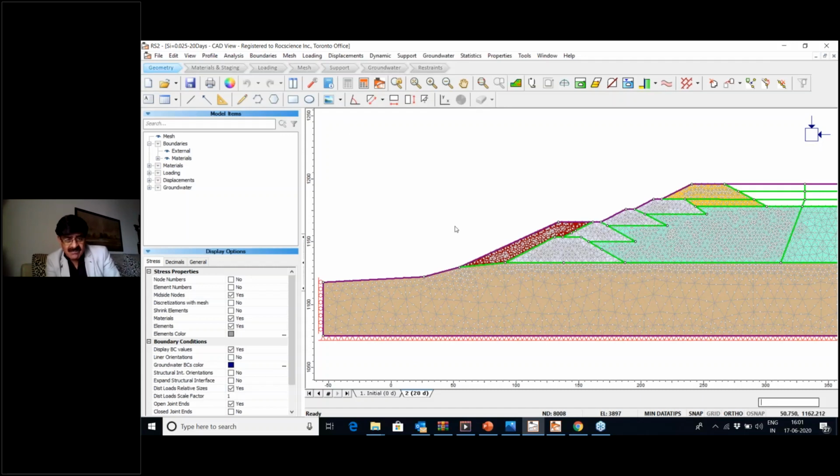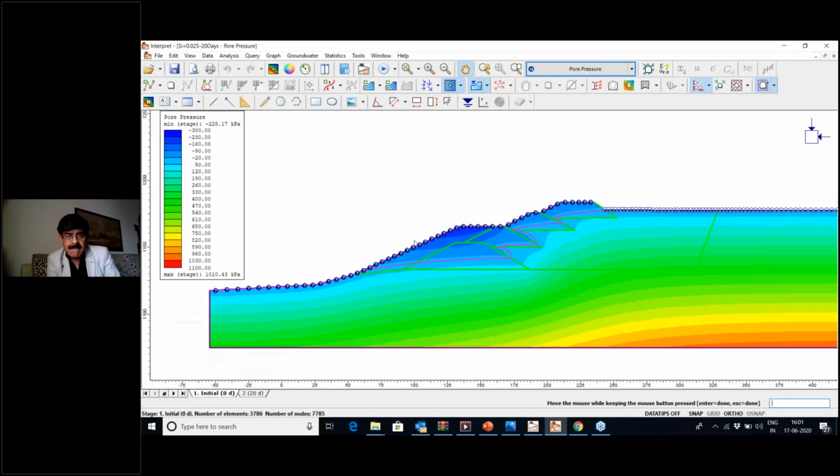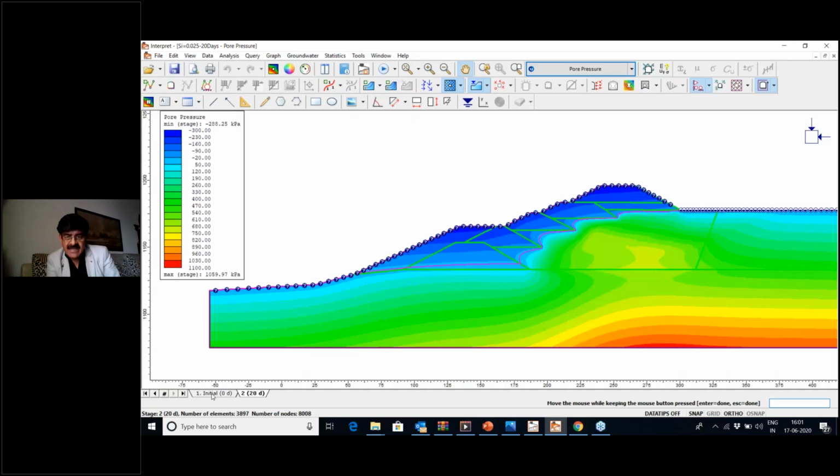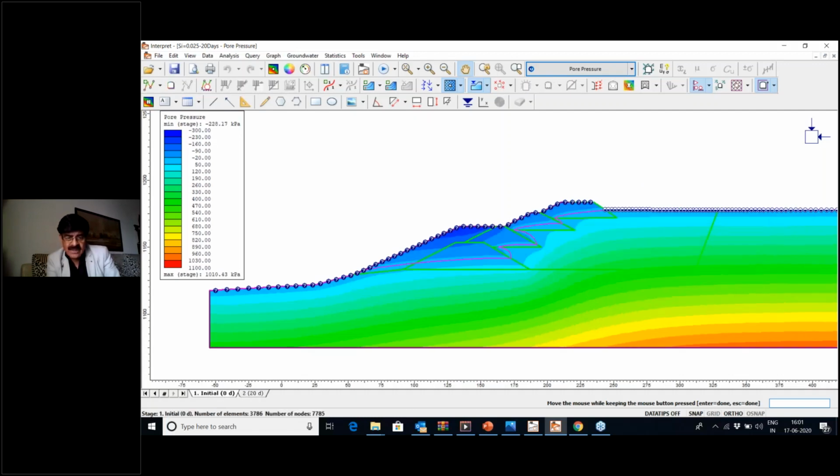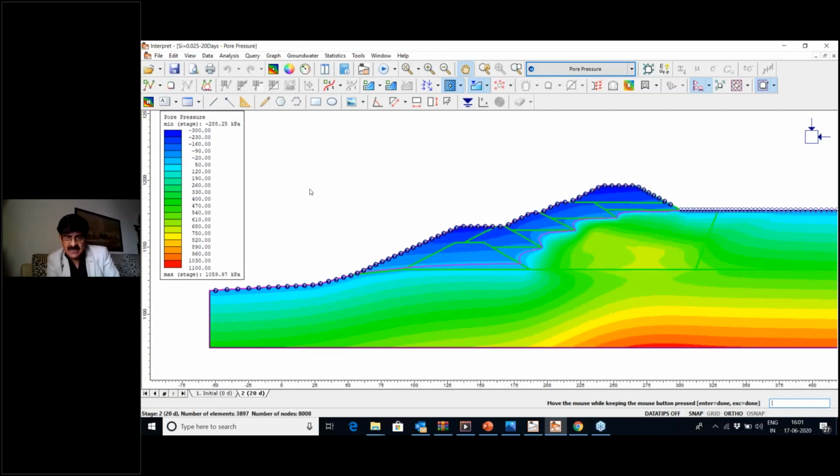If you see the results of this RS2 analysis, you will see the pore pressure distribution in the domain in the initial stage and after this embankment is built. If I compare the two, you can see the excess pore water pressure developing because of the building up of this embankment.